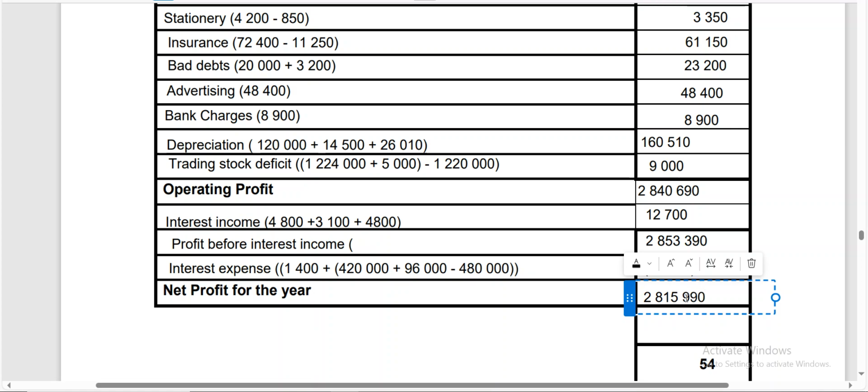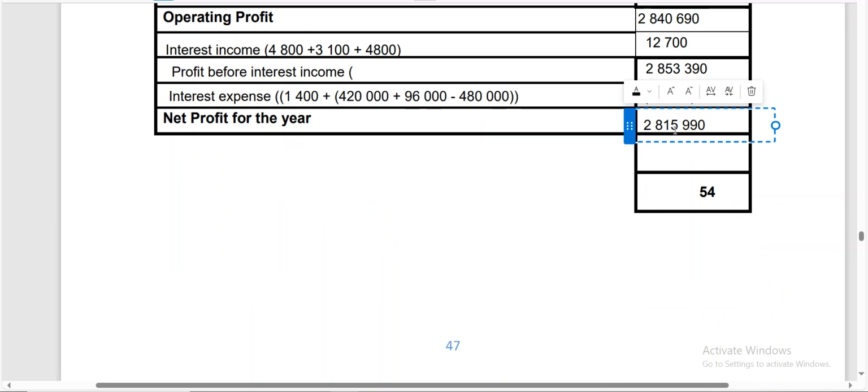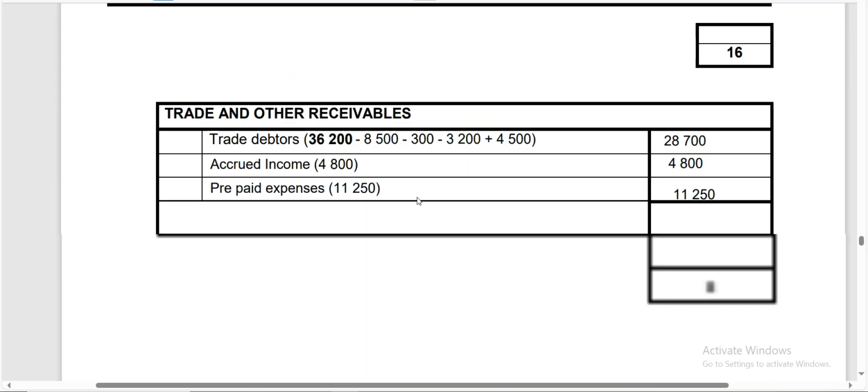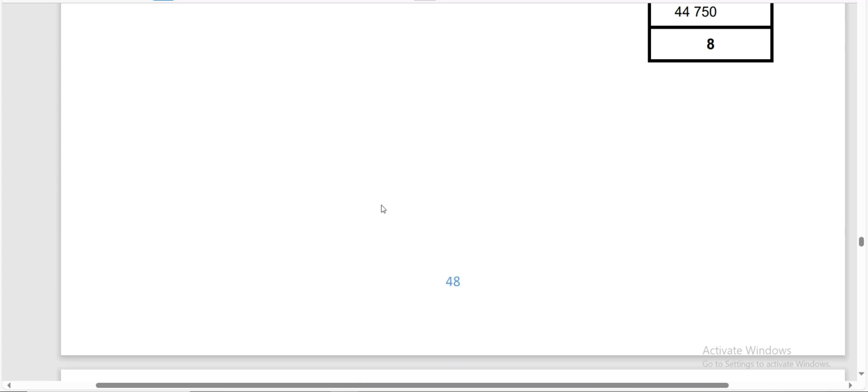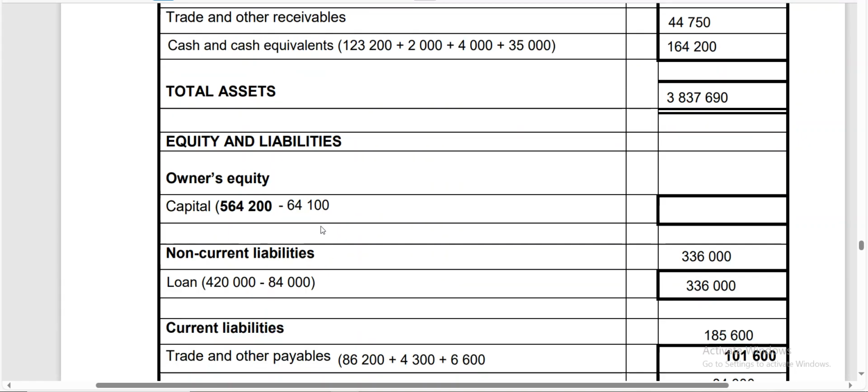So our net profit is 2,815,990. So guys, if there's any error that I make here, remember 100 marks is a lot for a person to teach within a short period of time. So this net profit here, I'm going to add it to my capital note here. So it will be this minus this, and then under this we would say plus 2,815,990, and then it will give us the total that we need.